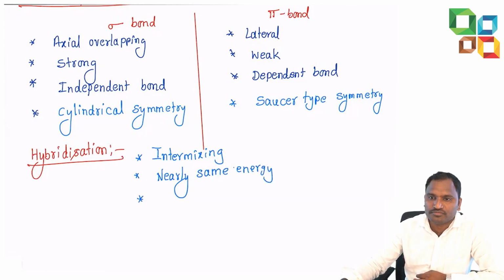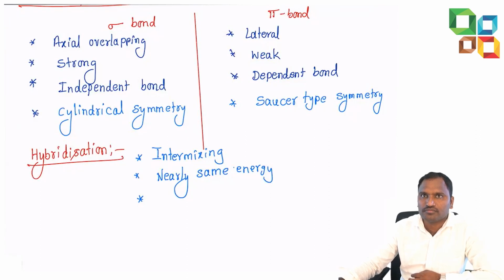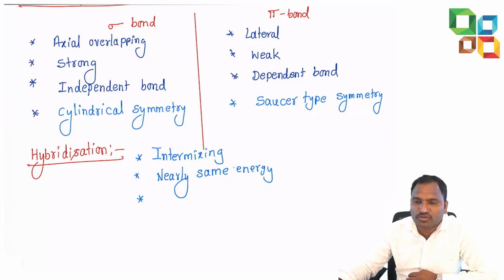To form equivalent number of hybrid orbitals of same energy and shape.